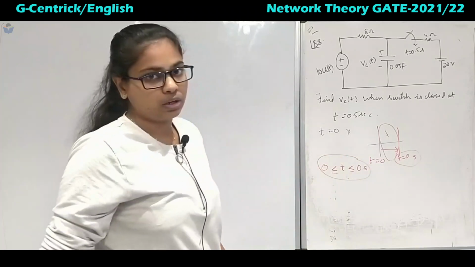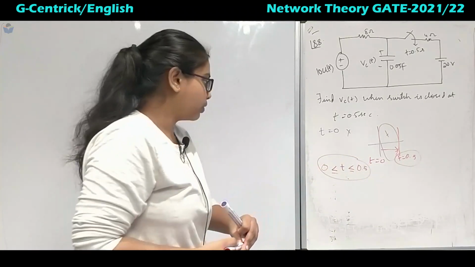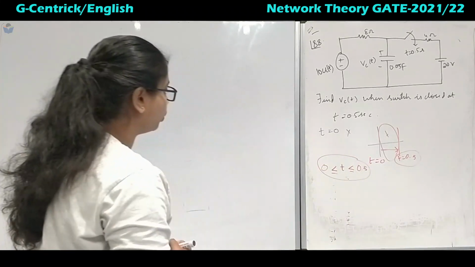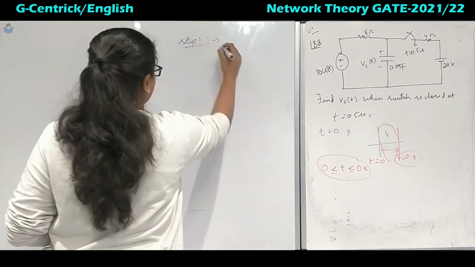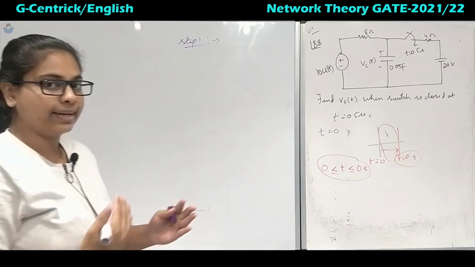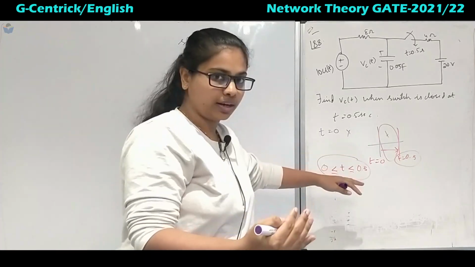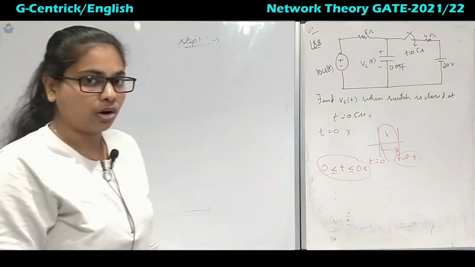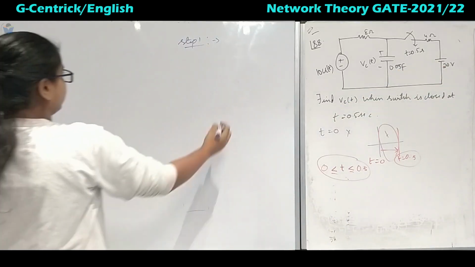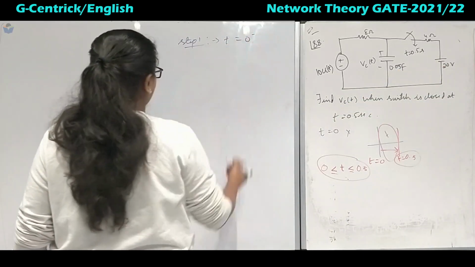But for now, to analyze this time period we will follow our old method steps. We will go with step 1. We will assume that 0.5 is at a very long time, tending to infinity. It won't actually tend to infinity, but we will assume that from 0 to 0.5 it is a long time. So step 1, t is equal to 0 minus.